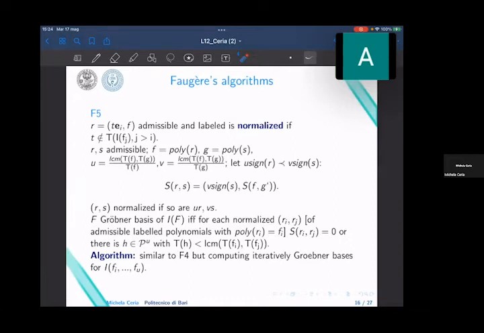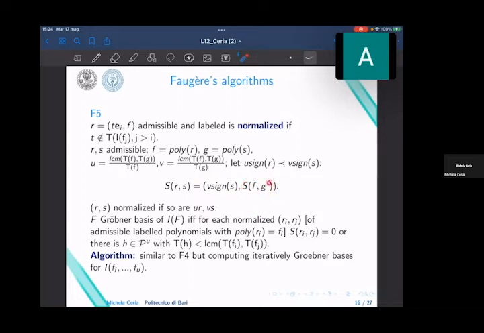This pair, admissible and labeled, is called normalized if the leading term is not already a multiple, it's not in the set. And if you consider r and s of this form, you can define this pair where you have v, this element, times the signature of s, and this S-polynomial of f and g.